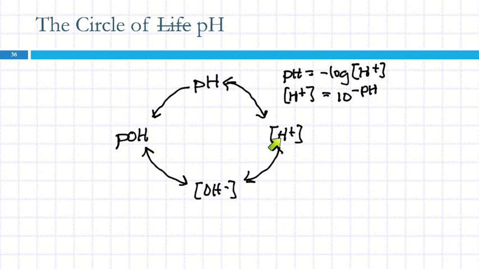We can convert between hydrogen and hydroxide ion, because we know that if we multiply these, we get 10 to the minus 14. We can convert between pOH and hydroxide using equations just like this.